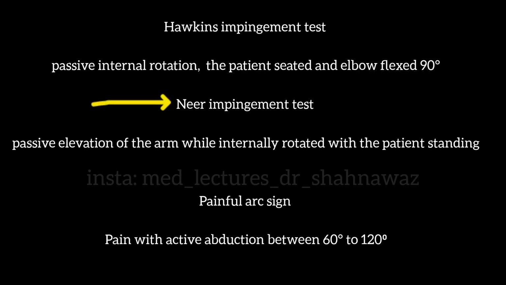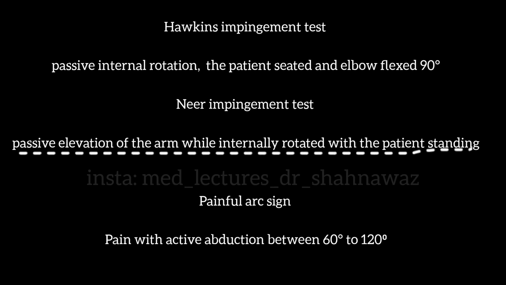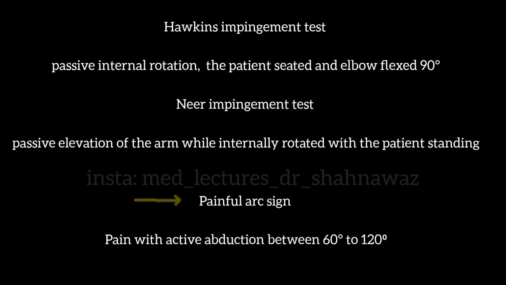In the Neer impingement test, the patient is asked to stand and internally rotate the arm, and there is a passive elevation of the arm. If there is pain, the test is positive, and we call it the painful arc sign.